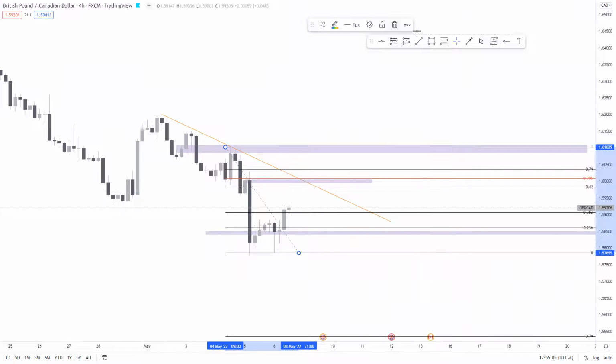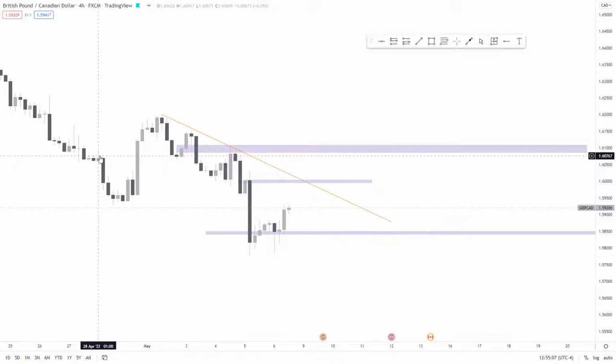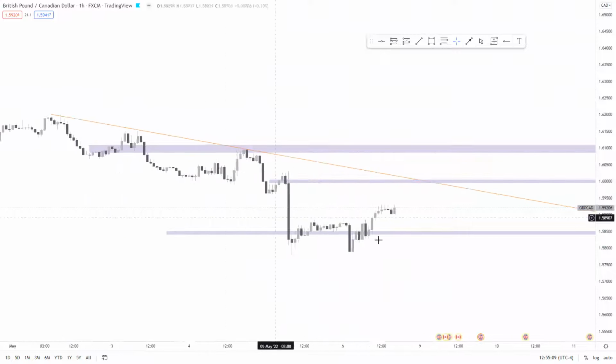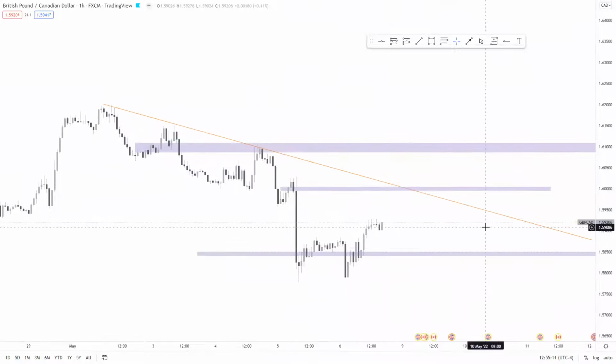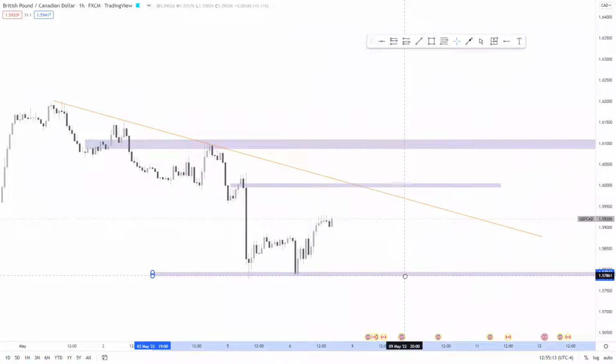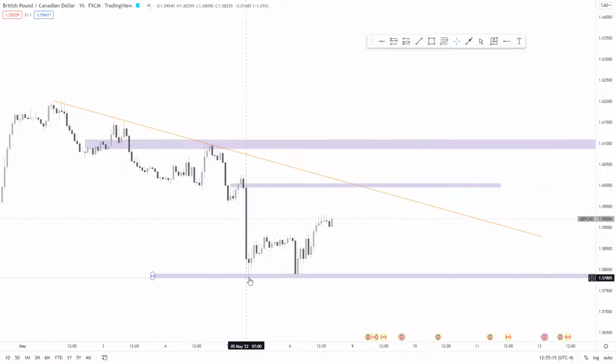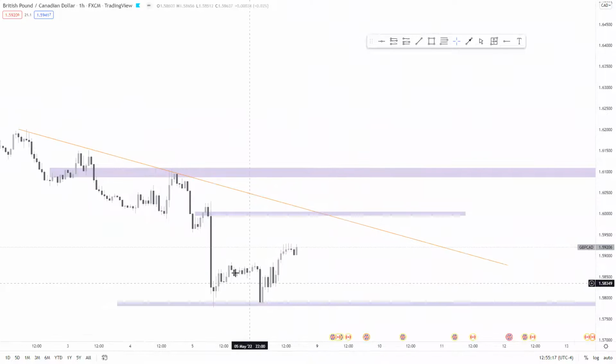So going down to the 1 hour time frame, I'm going to modify my zones a bit. This one I'll draw a bit lower here to catch this wick and the lows here. We are correcting this bearish move right now, forming some kind of pattern. I don't know if you want to count it as a pattern or not.